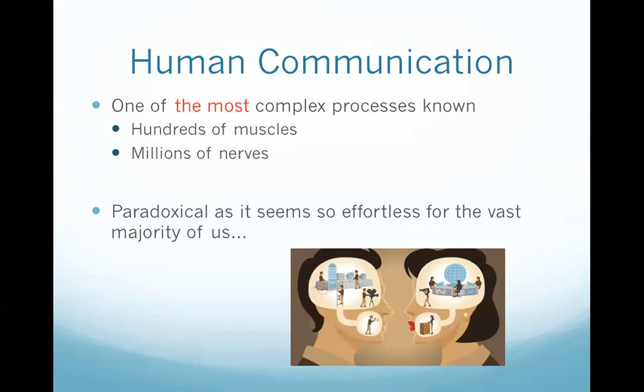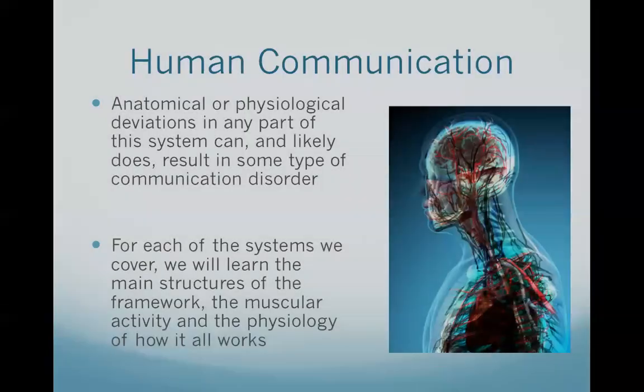And it includes hundreds of muscles encompassing the entire thoracic cavity, the muscles of the neck, the muscles of the oral cavity and the head, and then the most important structure being the brain that's going to govern all of that. And that includes millions of nerve fibers and neurons and synapses. So human communication is incredibly complex, despite the fact that we really engage in it without any real thought per se about how it happens.